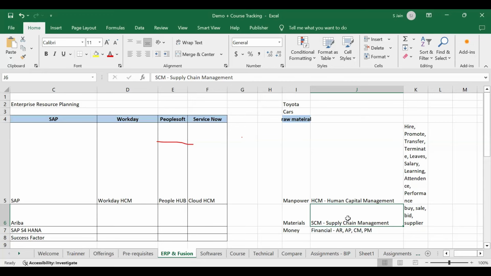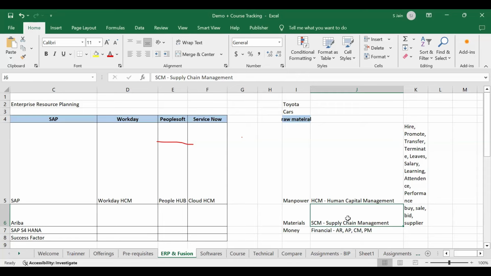Then we will send the purchase order to those particular suppliers that, okay, we are ready, please send this particular material. So once we send the purchase order, they will create an invoice. Once they create an invoice, they will send the invoice that, okay, the order that you have sent to us, this is the invoice, please clear the dues 50%, and this is the raw material we are sending. Along with that, they will send the transportation details.